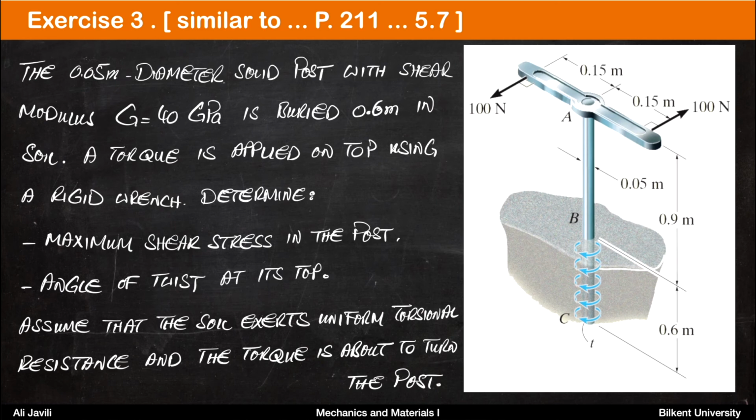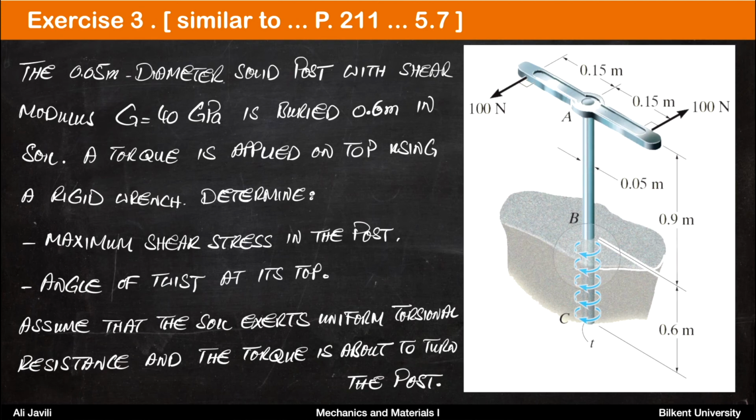Exercise 3 is similar to problem 5.7 on page 211 of the book. The 0.05 meter diameter solid post with shear modulus 40 gigapascal is buried 0.6 meter in soil.